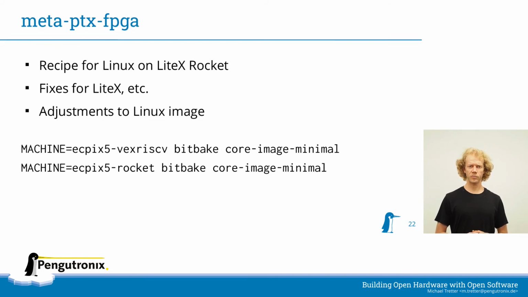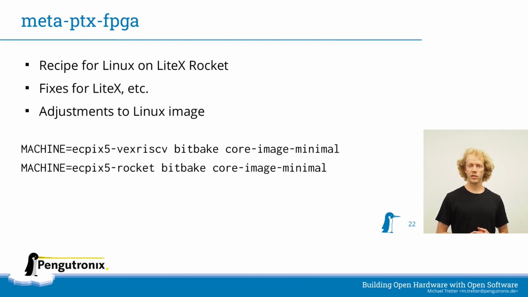The meta-ptx-fpga layer adds a mechanism to use machine configurations to switch the images between ECP5 VexRiscv and ECP5 Rocket. Therefore, from a user point of view, you build the same image, but under the hood it will either build a VexRiscv or Rocket CPU bitstream.